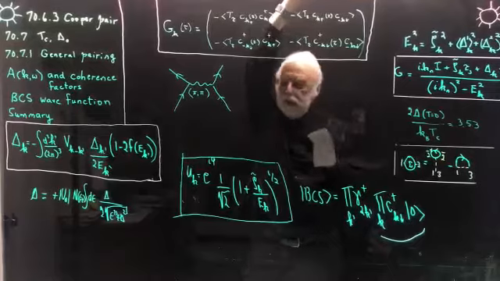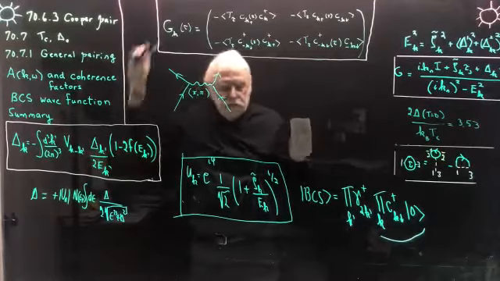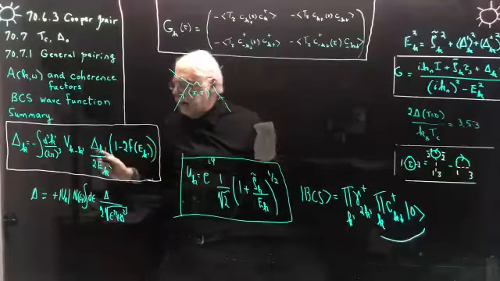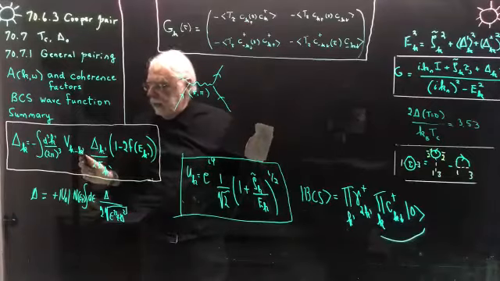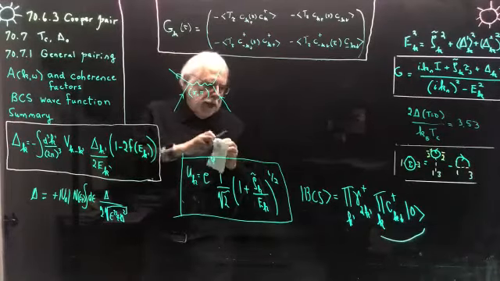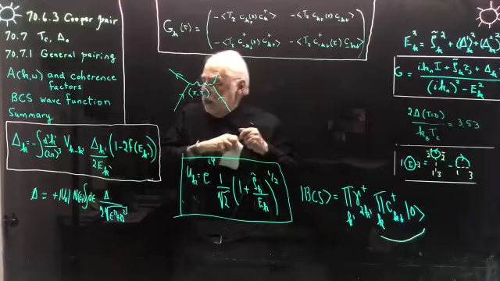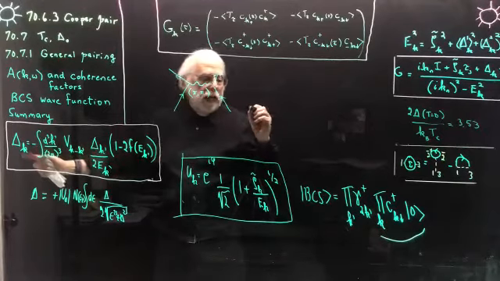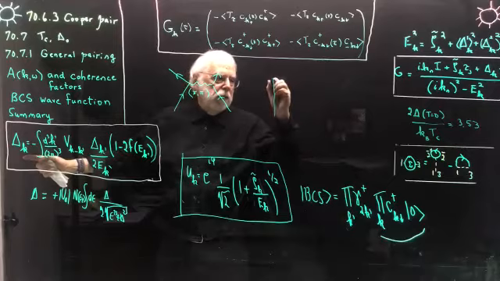Then what will happen in this equation is that this thing will be maximum when k minus k prime is equal to pi. So what does that mean on a lattice? It means that suppose I want to know the gap. I have the Brillouin zone here.